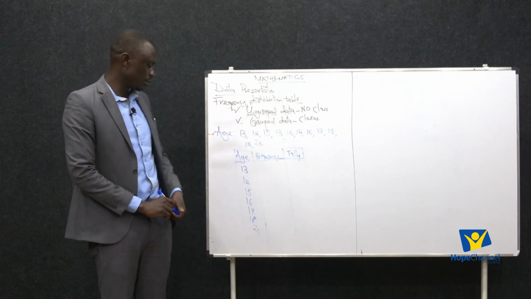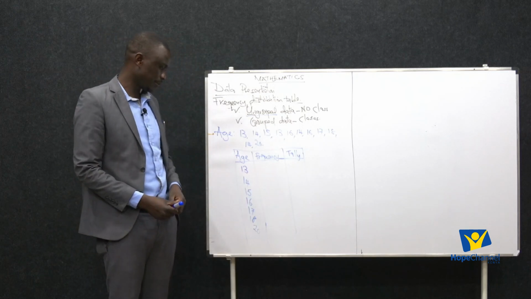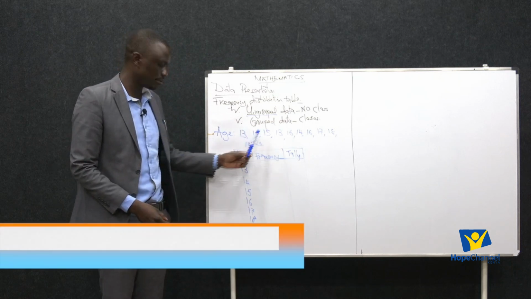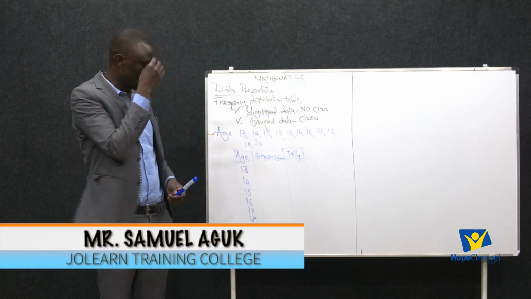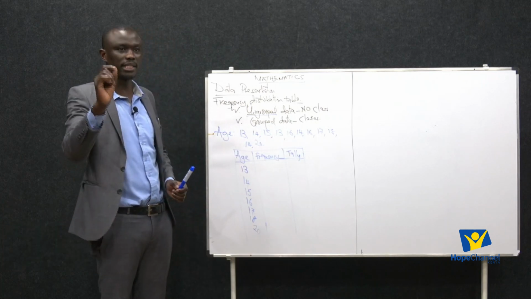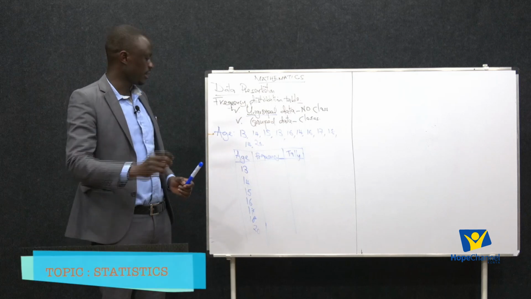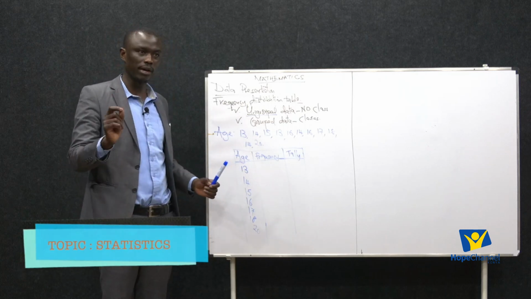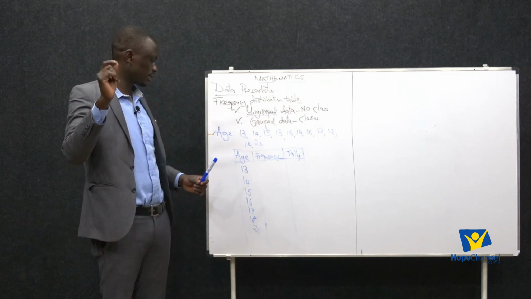Once you write the data, just list them. You don't write them as many times as they occur. If 13 occurs more than once, just write 13.